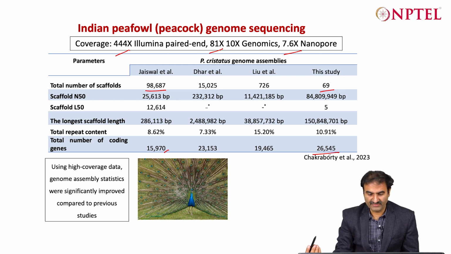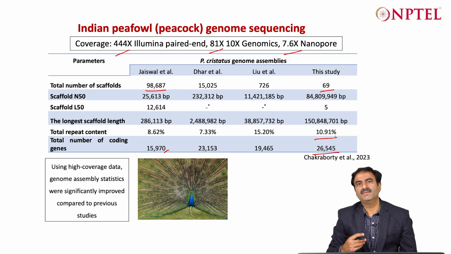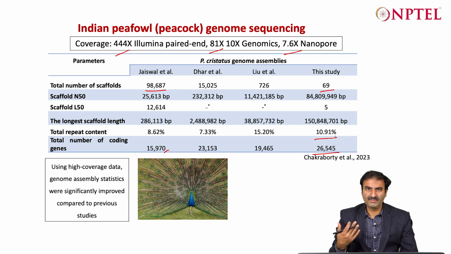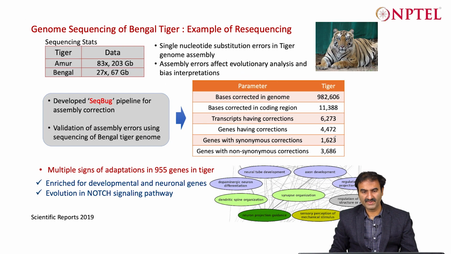The number of genes also increased, along with a correct estimate of repeats. So a better quality genome will always be in fewer pieces, of better quality, and more reliable in terms of gene number, repetitive content, and further comparative analysis, right?